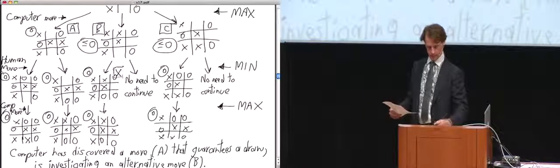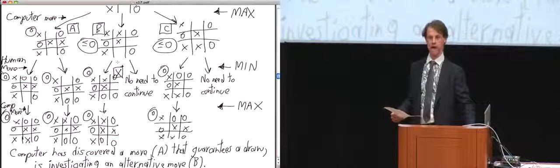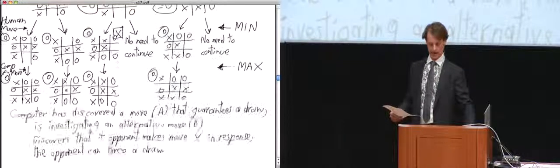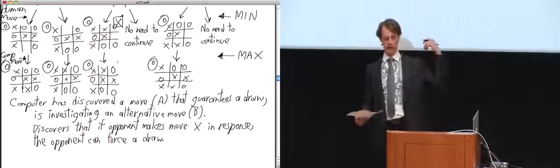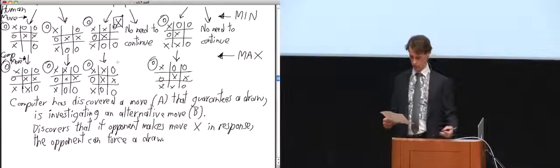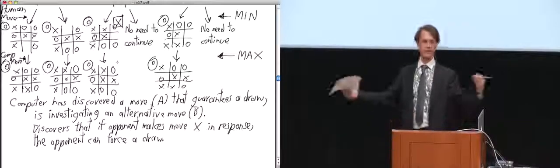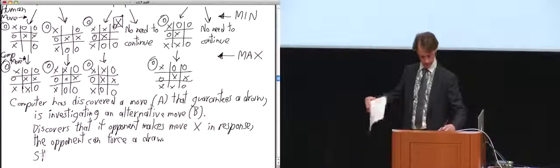So X, by the way, is this grid right here. The first child of B is called X. So we discover that if the opponent makes move X, the opponent can force a draw. So it's a waste of time to continue investigating B.